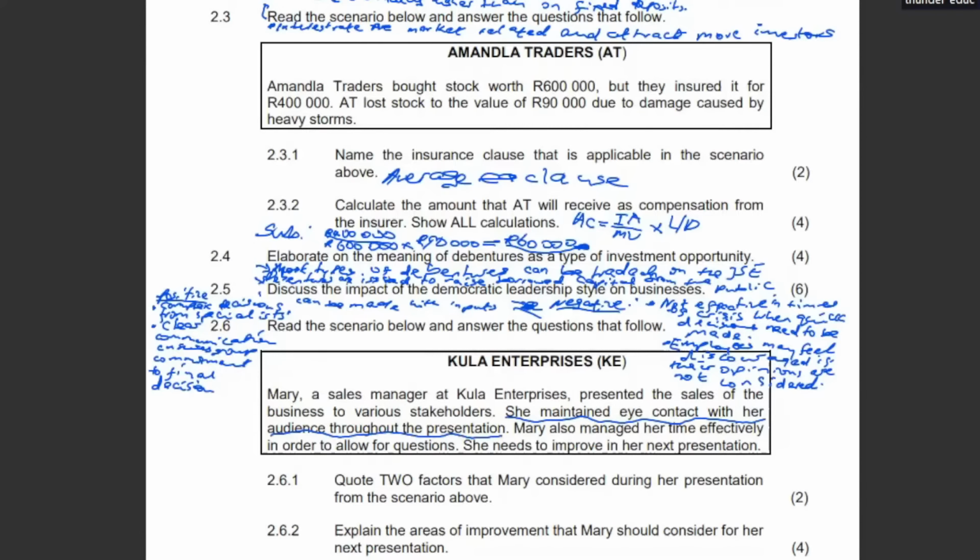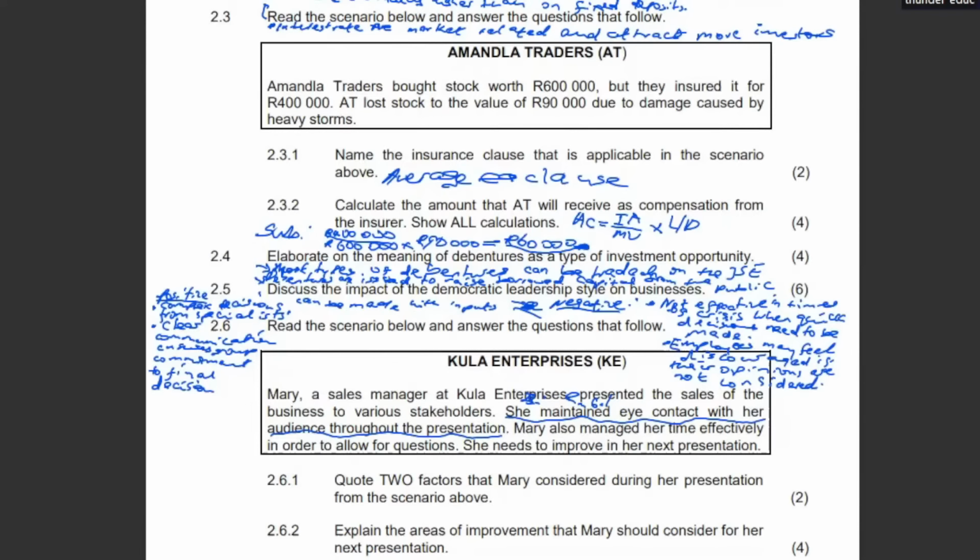So this is one of the sentences that should be quoted in question 2.6.1.